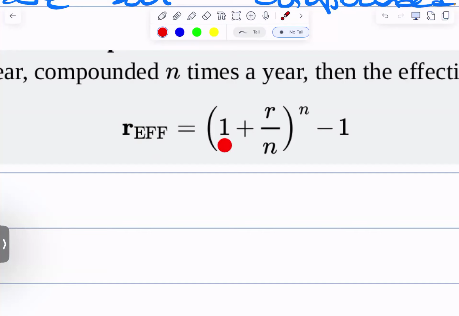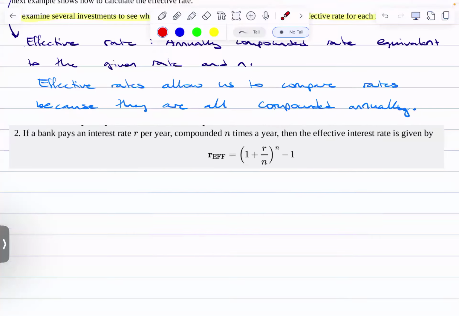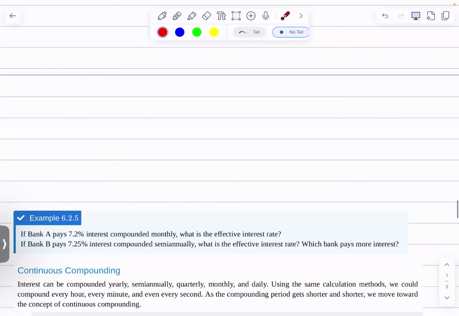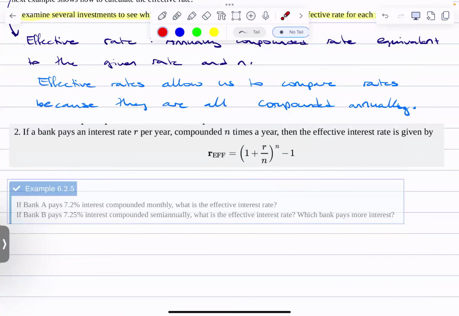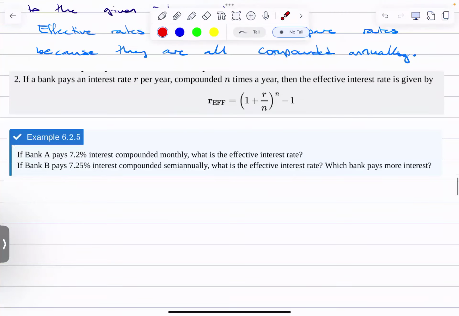And so it's going to be 1 plus R over n, that looks familiar, right? To the power of n, and then minus 1. So, knowing that, let's do an example.